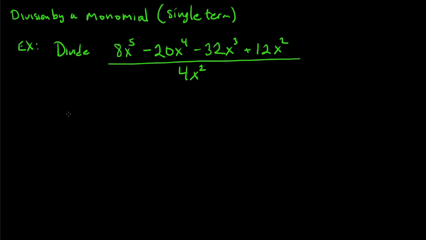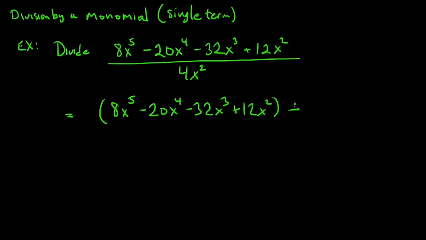And be careful because sometimes they'll write the question this way. They'll write it in parentheses, 8x to the 5 minus 20x to the 4 minus 32x cubed plus 12x squared, right? Divided by 4x squared. Either way, it's the same question, right? But when you see it like this, I would tend to write it this way. Okay.